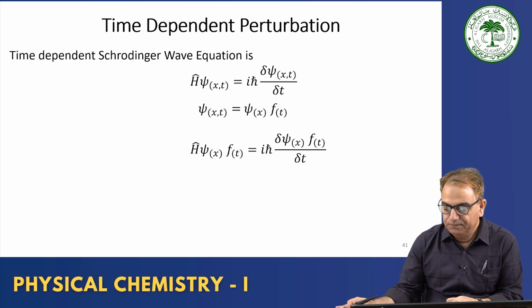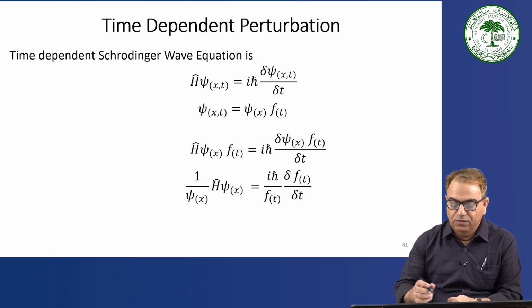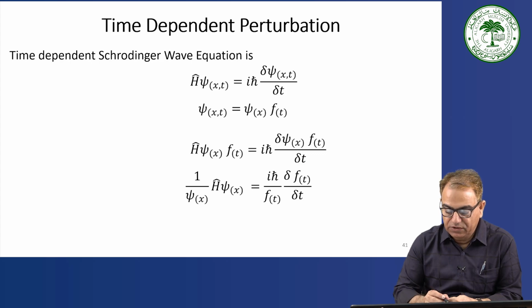If you do a little calculation, since you are differentiating with respect to time, psi(x) can be brought outside. I have brought it to the left hand side, and f(t) can come on the right hand side, and then you have del f(t) by del t.